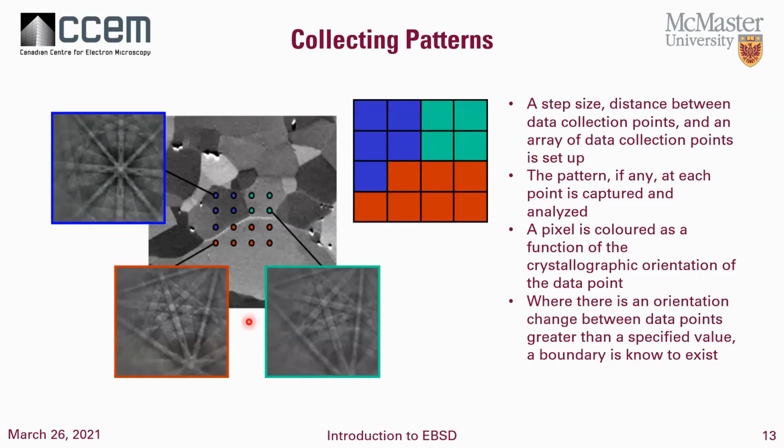Now, when we're collecting data points, the point itself will have whatever resolution we have based on the microscope. But we will use a step size to set the distance between our data points, and we'll set up an array of data points in order to collect the information about the material.